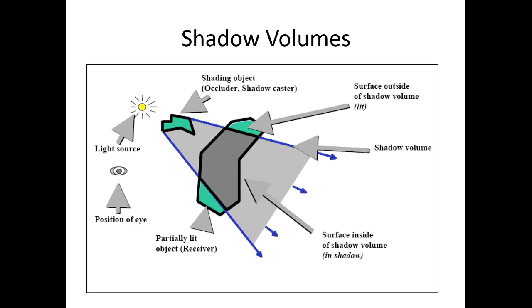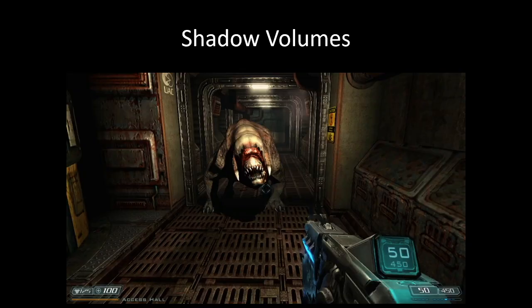There are some issues with determining the inside and outside of the volume, and there's actually a technique known as the Carmack reverse that he came up with that very quickly solves the problem of if the viewer is inside the shadow volume. For the normal case, when the viewer is outside the shadow volume, so in all these cases here, we're not actually inside any shadow volumes. We're lit ourselves, and we're seeing objects that have shadows, but we're not part of it.